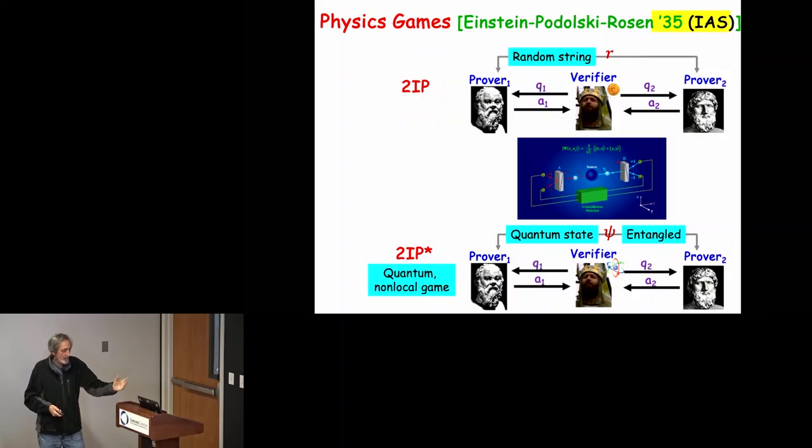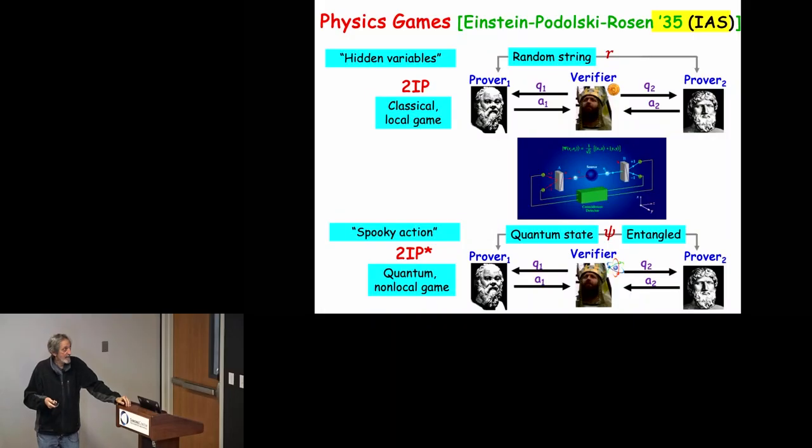So they called this differently, not MIP. They called this a quantum non-local game, and this possibility of showing an entangled state, spooky action at a distance. That was Einstein's term. They also had the classical one. They wanted to explain this phenomenon classically by a local game using various hidden variables.